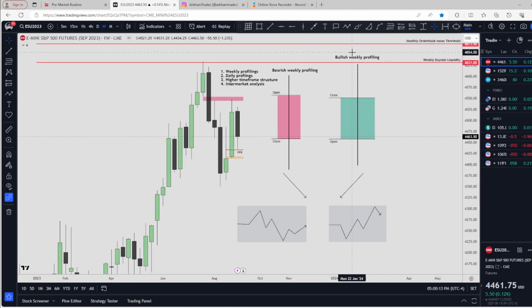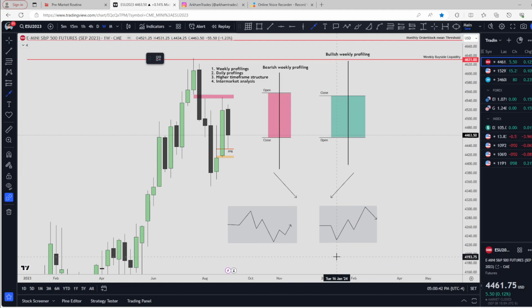This is a bearish weekly profiling. This is a bullish weekly profiling. Say this was Monday, Tuesday, Wednesday, Thursday, and Friday. This was Monday, Tuesday, Wednesday, Thursday, and Friday.